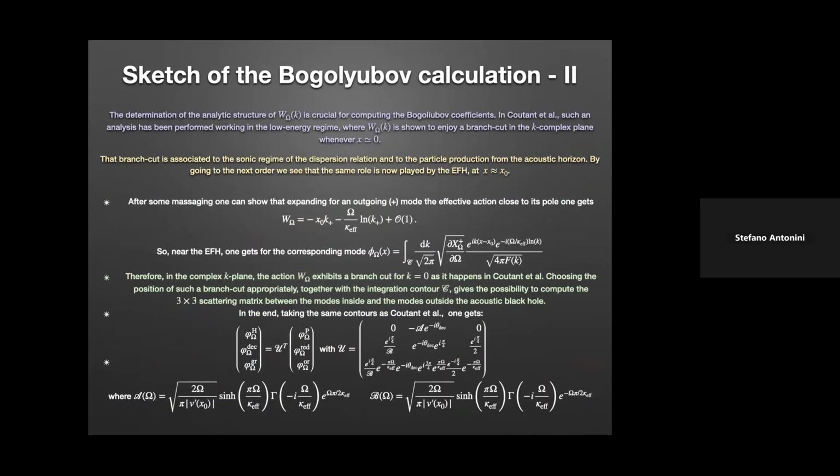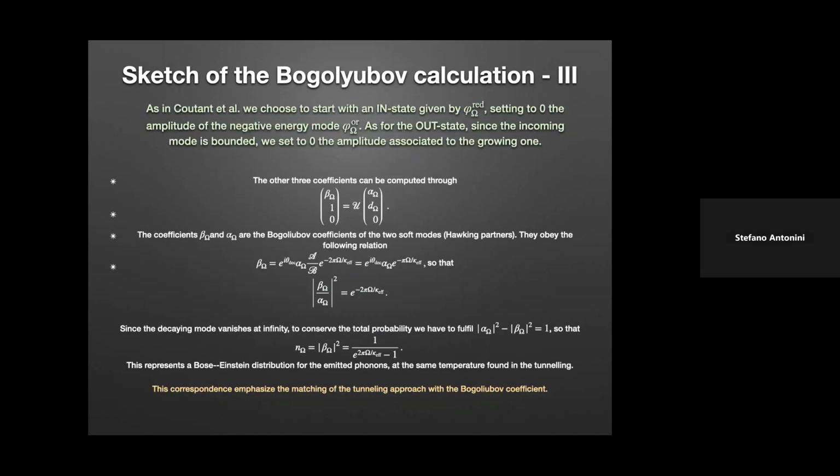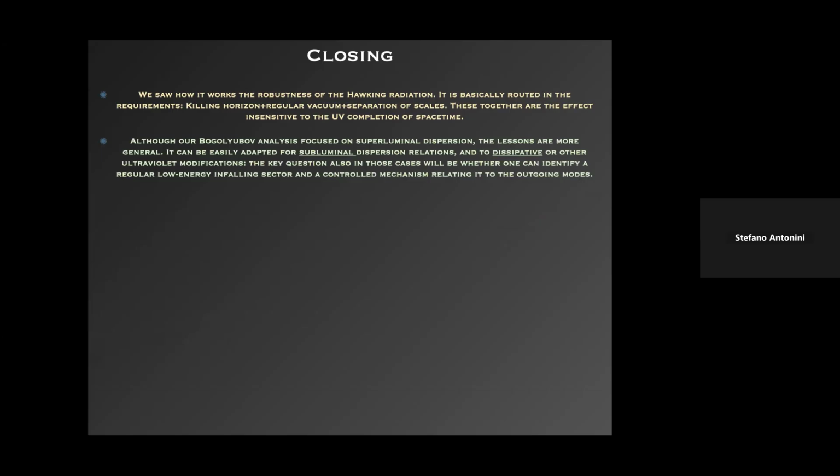And basically you do all the calculation and you get that it pulls out kappa effective, exactly. It's just going to the next order in the Parentani calculation. We just wasted a lot of time trying to understand how they did the profile, which was a kind of magic. And in the end, you compute the spectrum, you get the Hawking spectrum. So to me, this is telling you several interesting things.